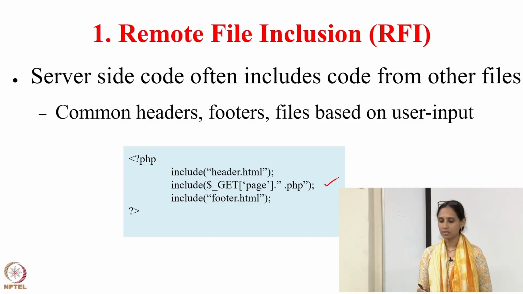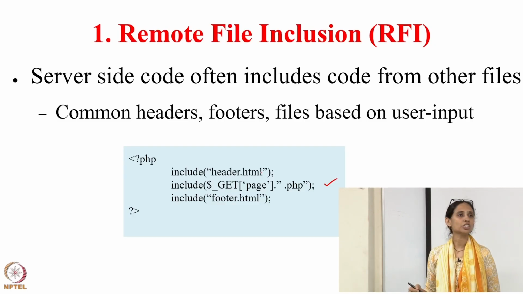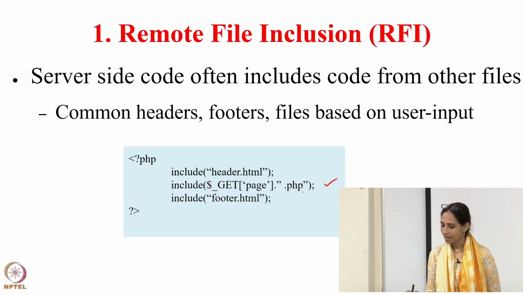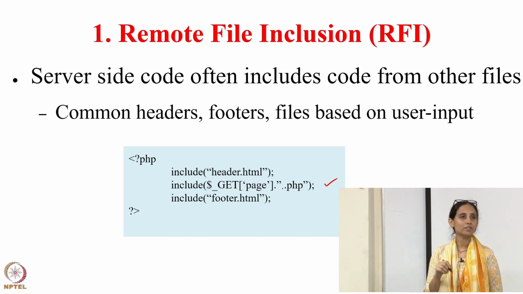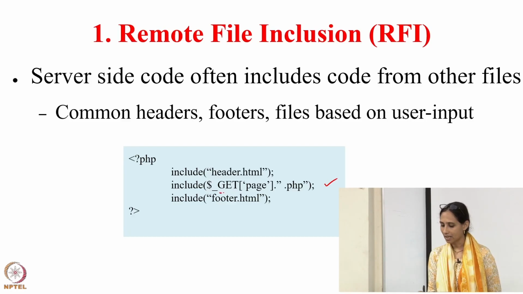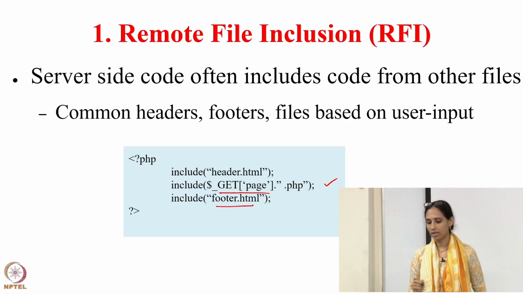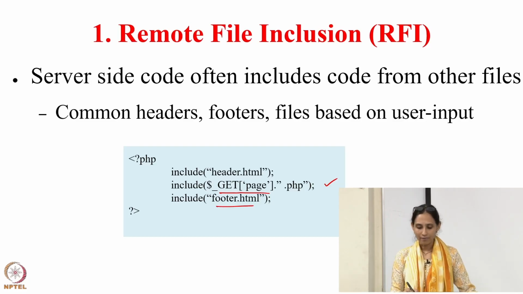So, basically what this is saying is include header.html when you are constructing this HTML to pass to the client, include some header information from some HTML, and for example, if this user is asking for a specific file, it is saying get that file .php and include that also as part of this HTML, and similarly include a footer.html. Okay, so that is basically what this is saying, where this page is an input from the user.